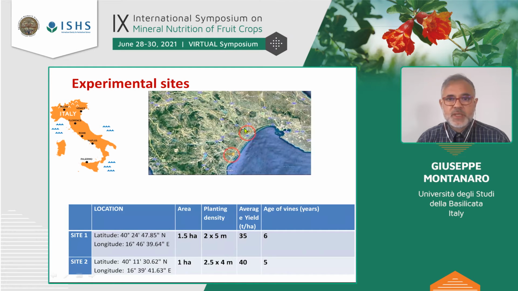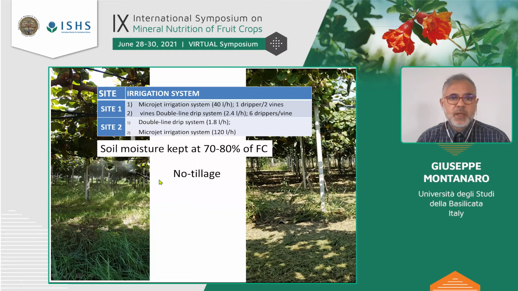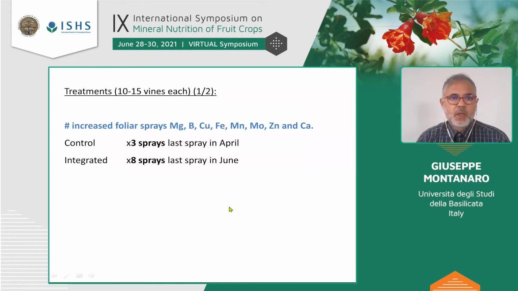Here are the experimental sites in the south of Italy, and some information about the orchards. The soil was not tilled, basically, and soil moisture was kept at about 70–80% of field capacity. The treatments were applied on about 10–15 vines each.